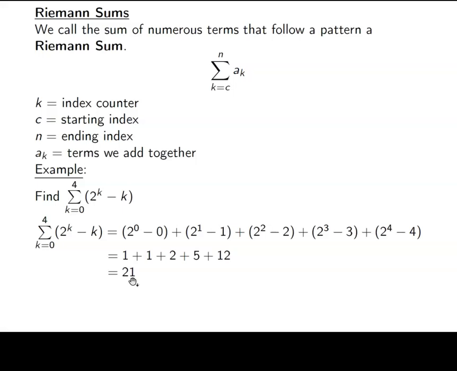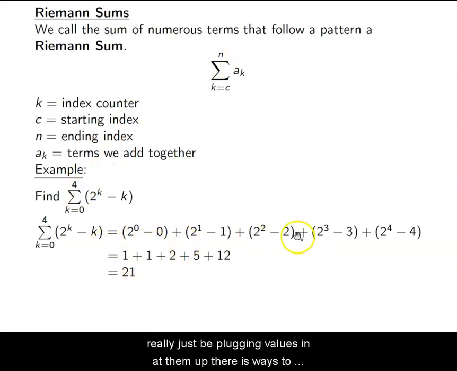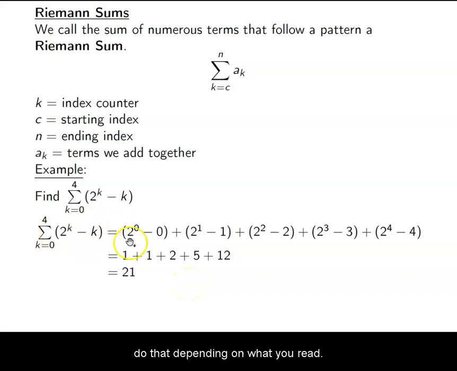Now this is actually what we're going to do. In Calculus 2, when you approach these, you don't actually have values to plug in. A lot of times we look at these as n going to infinity, right? So there's an infinite number, so you can't really just be plugging in values and adding them up. There are ways to do that depending on what your Riemann sum looks like.